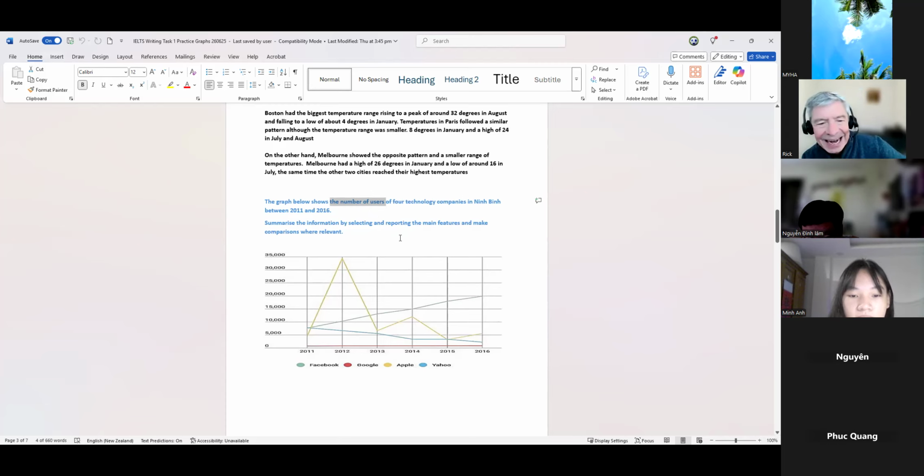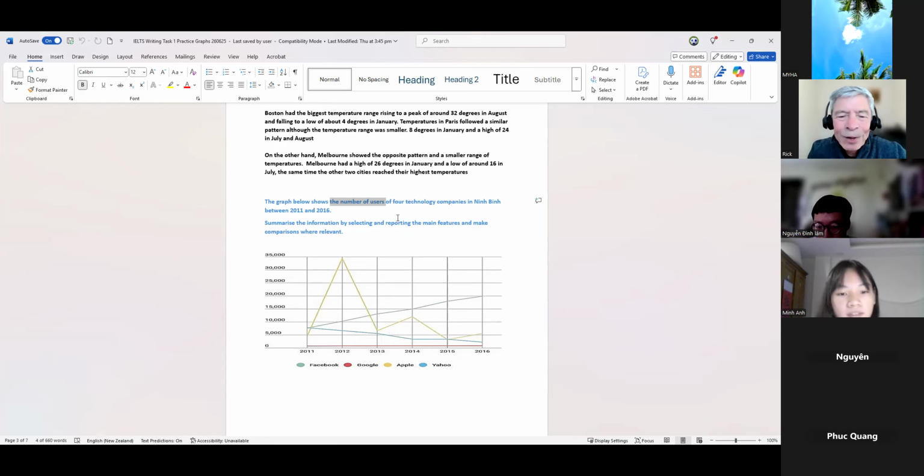So, Ming Ang, the graph below illustrates how many people, what could come next? I'll give you a clue. It's the place. How many people? What is the place?